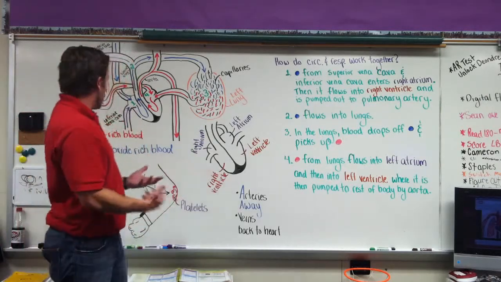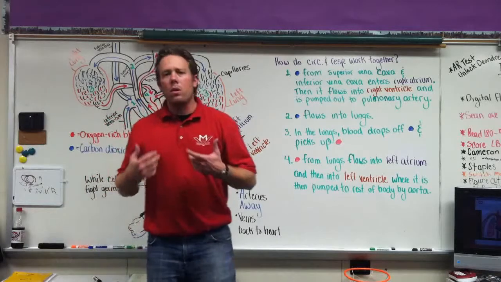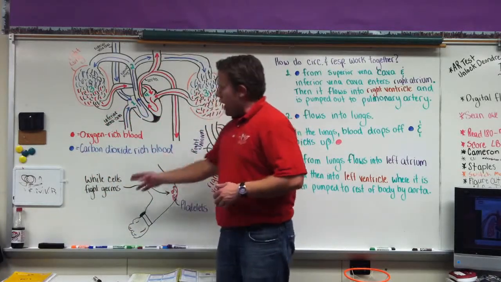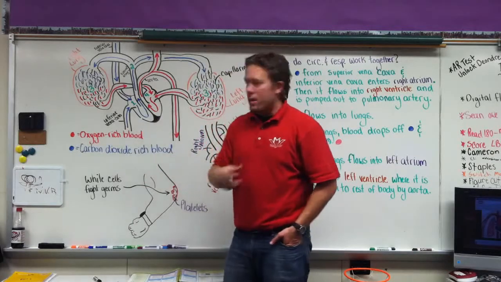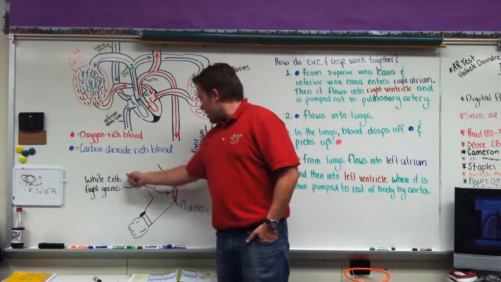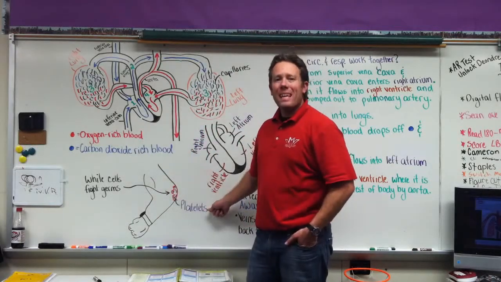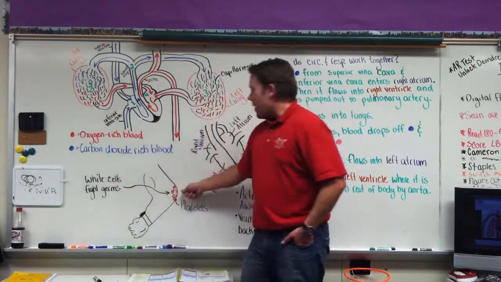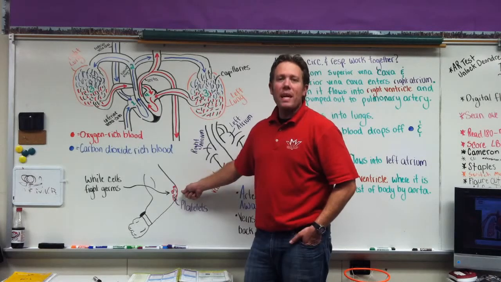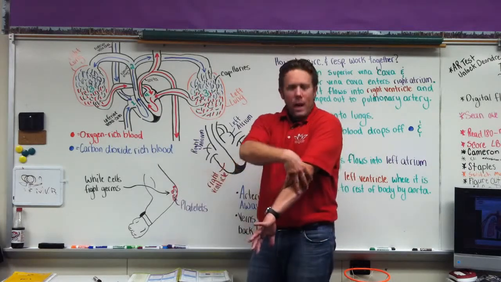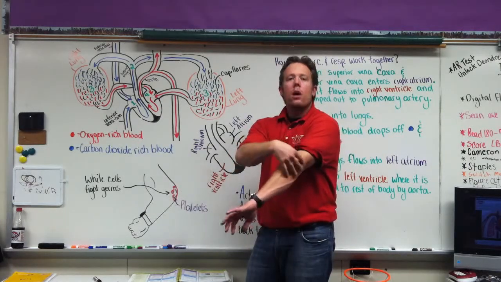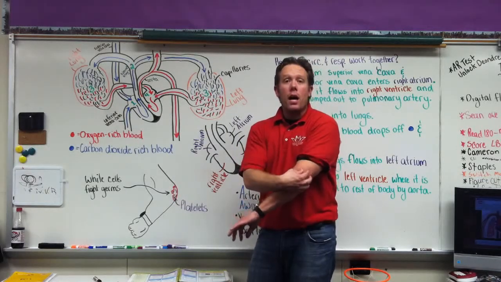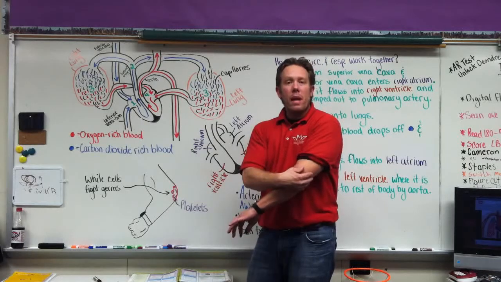What else here? Oh, also different parts of the blood. In blood, you have white cells and you have what are called platelets. The white cells in our blood help fight germs. Like when we get a cut, the white cells go to the cut and keep it from getting infected.